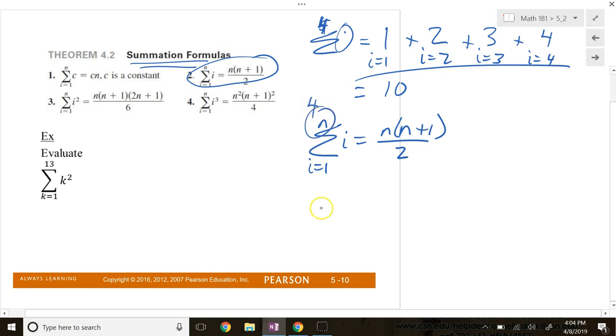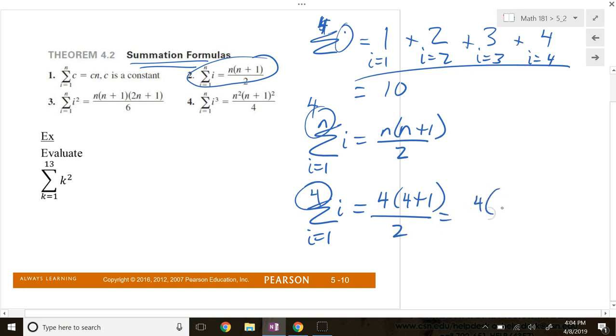So this ends up being, since it's summation of I being 1 up to 4 of I, following the formula, it'll just be 4 times 4 plus 1, because again, our n is 4, all over 2. So the summation will end up being 4 times 5, 20 over 2, which is 10.